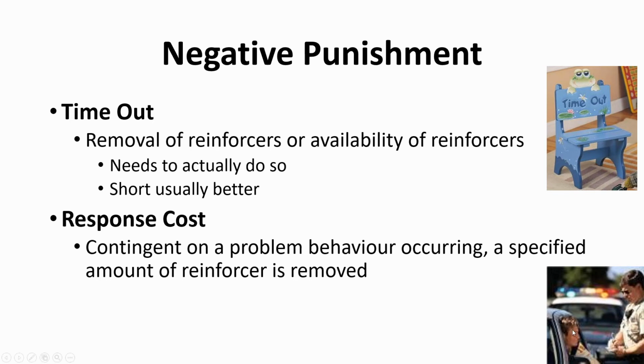So we can have something like speeding tickets. If you do the problem behavior, if you go too fast, then you lose money. So it makes it a lot more costly to do that bad behavior and should lead to that behavior occurring less and less. So getting a speeding ticket should reduce the amount of speeding that people do.